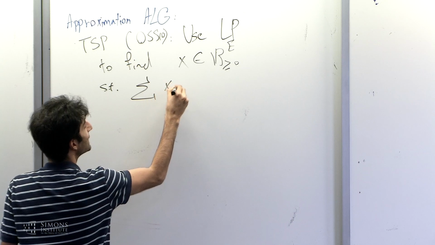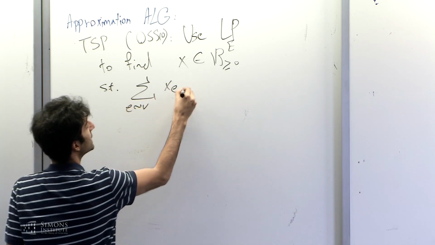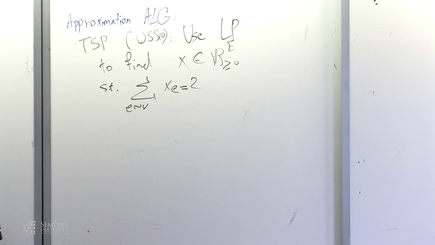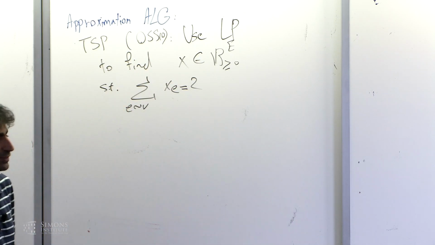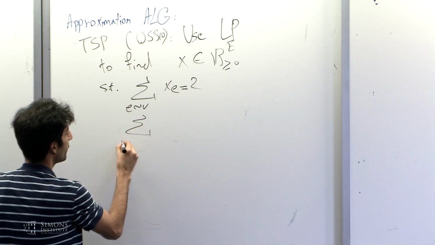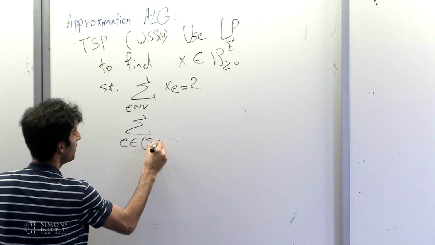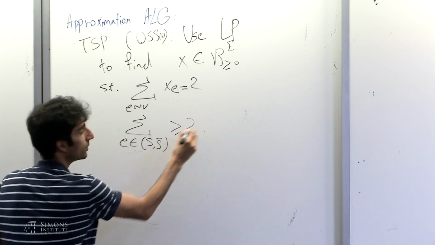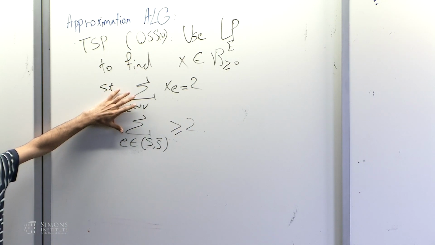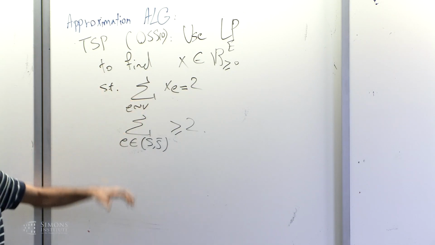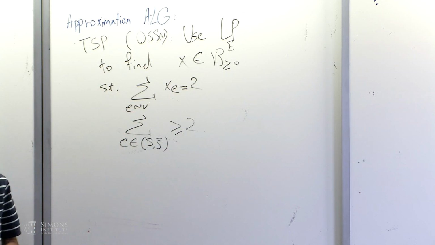The summation of x_e for e neighbor of v is equal to 2, so each vertex has a fractional degree 2. x is not integral, it's fractional. And the summation over every cut S, S complement is at least 2. If x was an integral vector, this would characterize the Hamiltonian cycle, but it's fractional, so we have a so-called fractional Hamiltonian cycle, whatever.